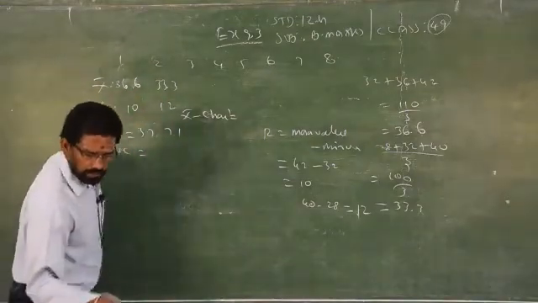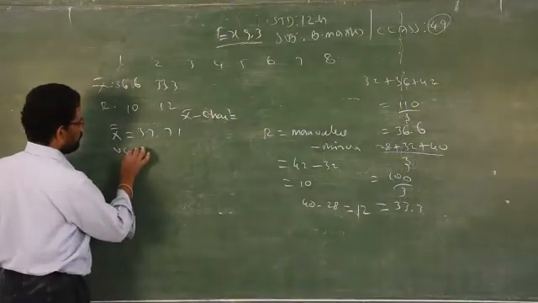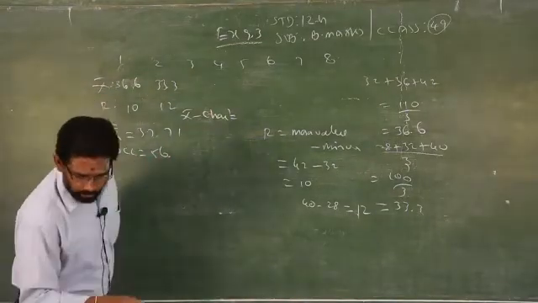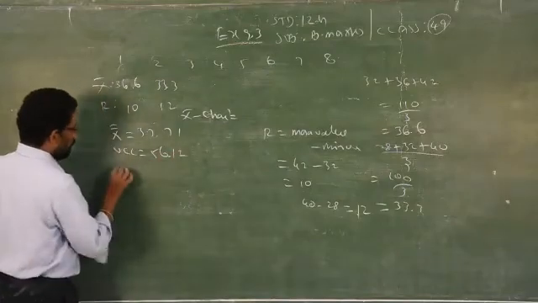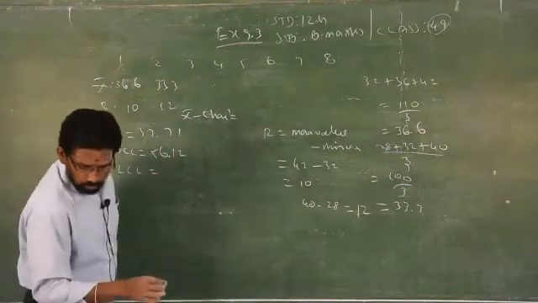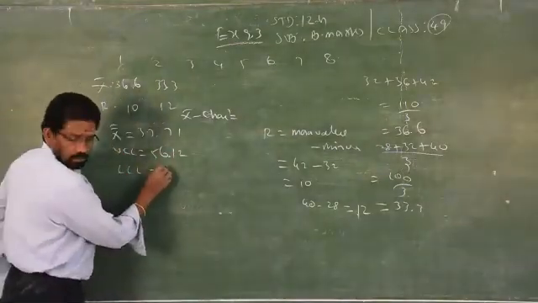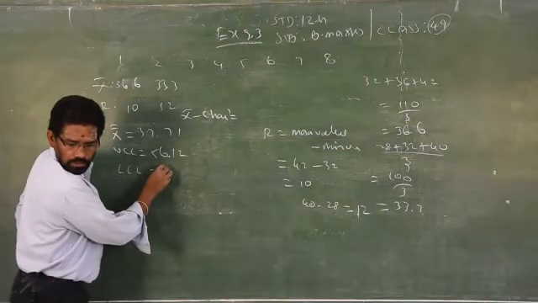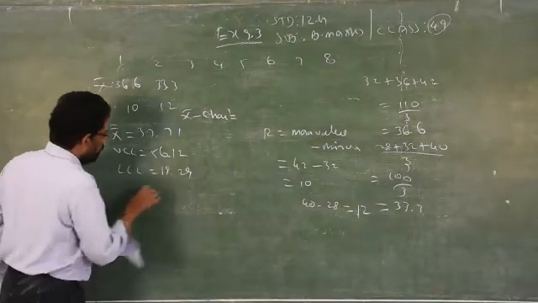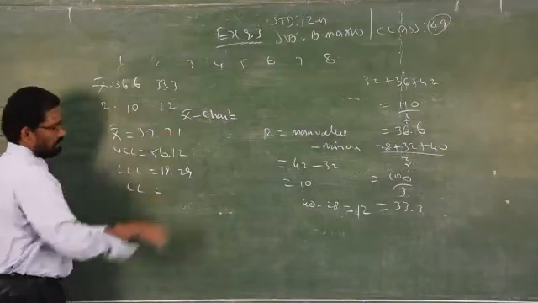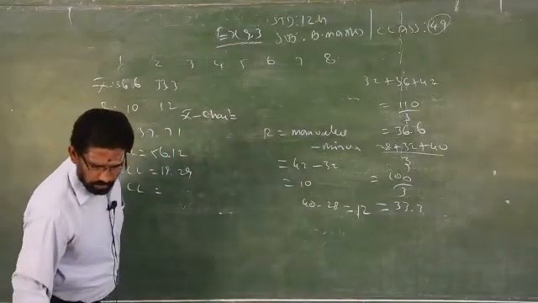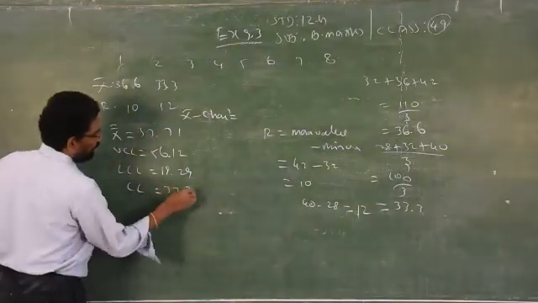So UCL is equal to 56.12. LCL is equal to 19.2. That is CL, X double bar, is 37.71.